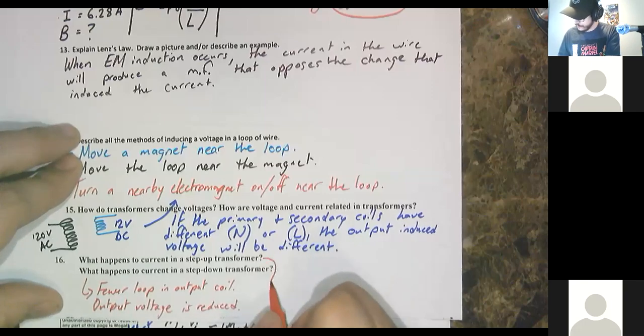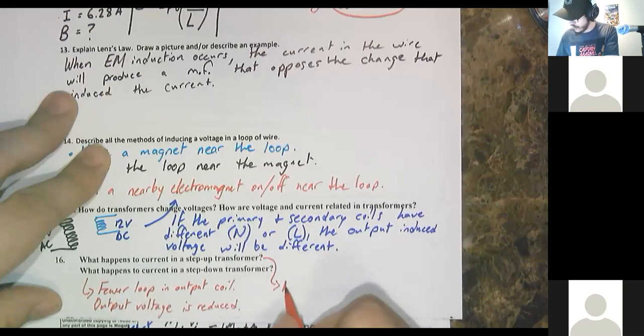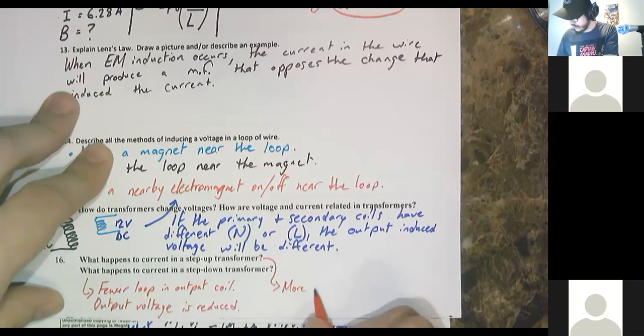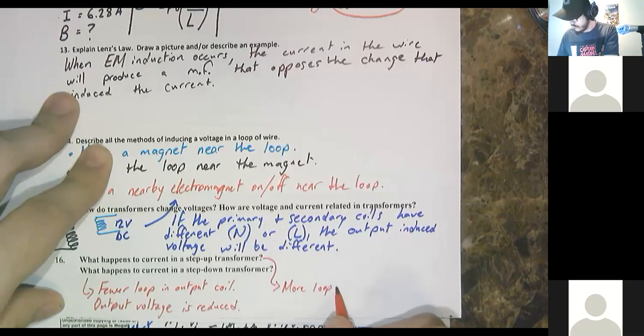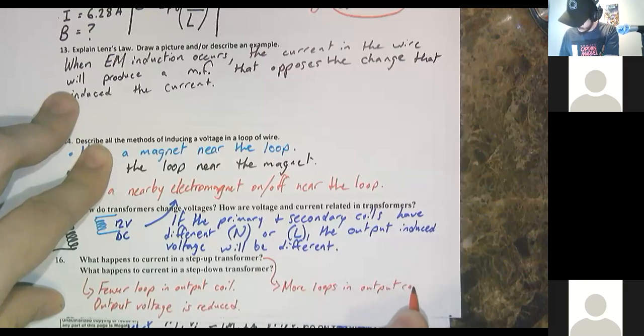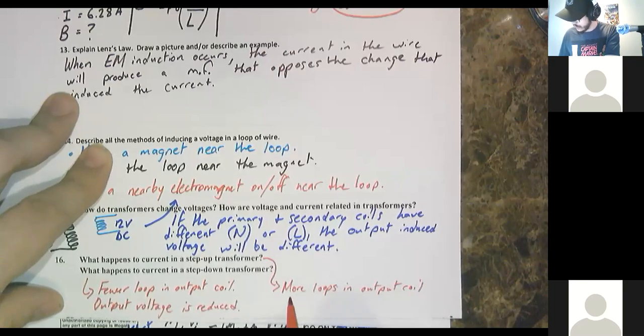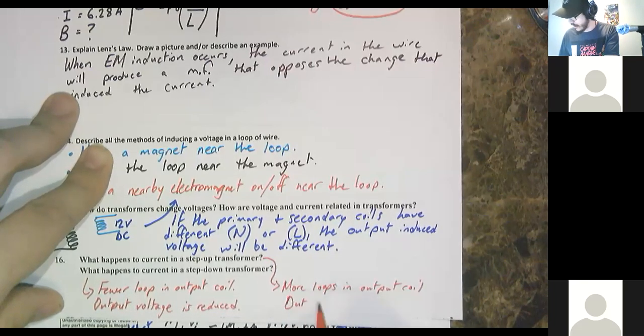In a step-up transformer, you have more loop density in the output coil, so it has a higher output voltage.